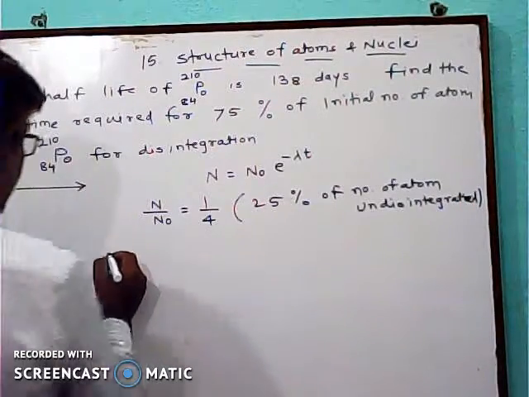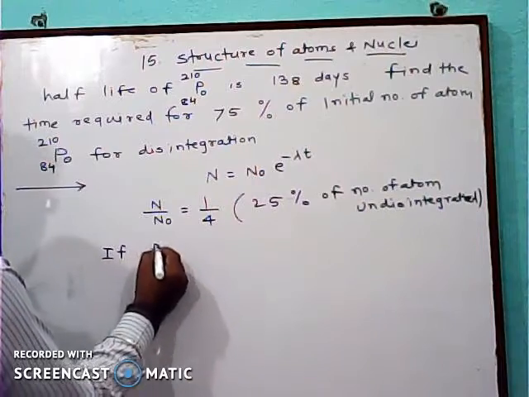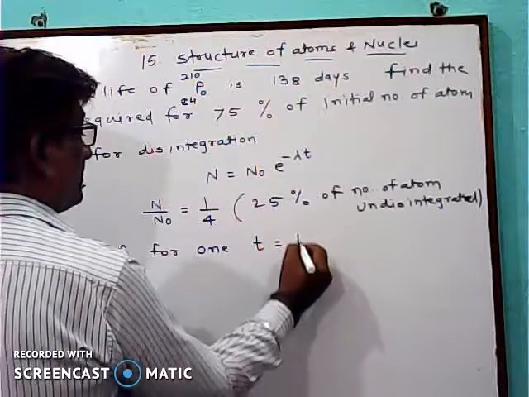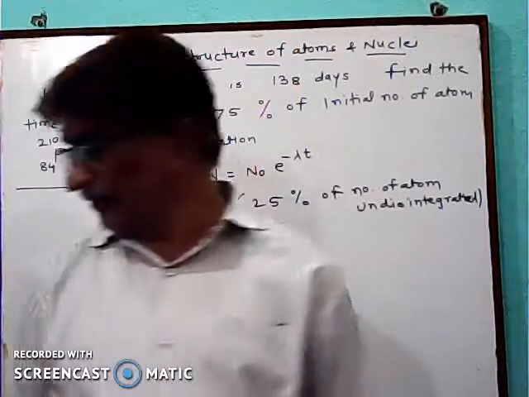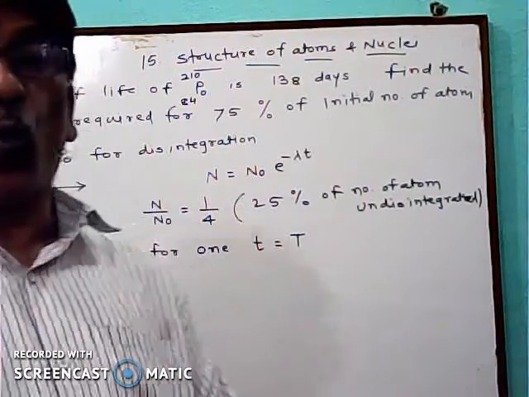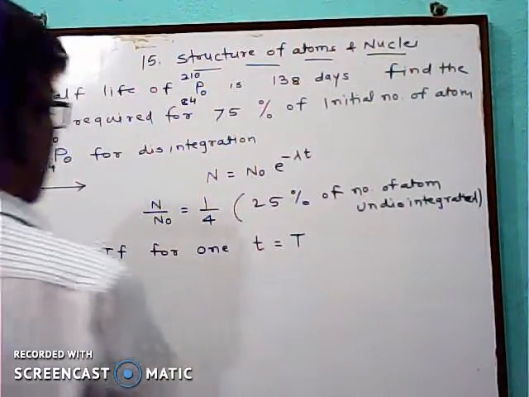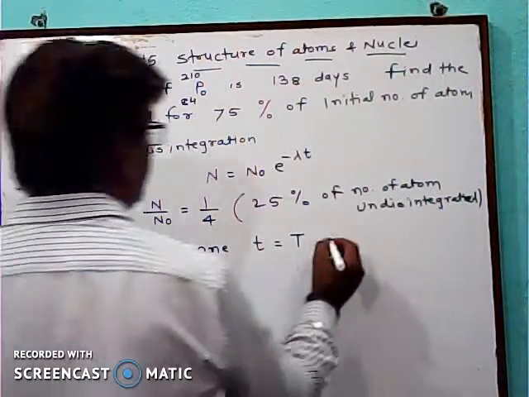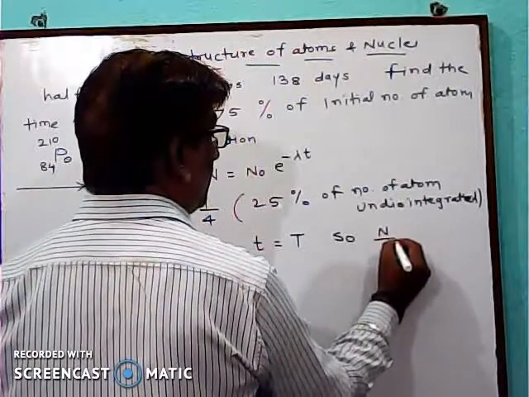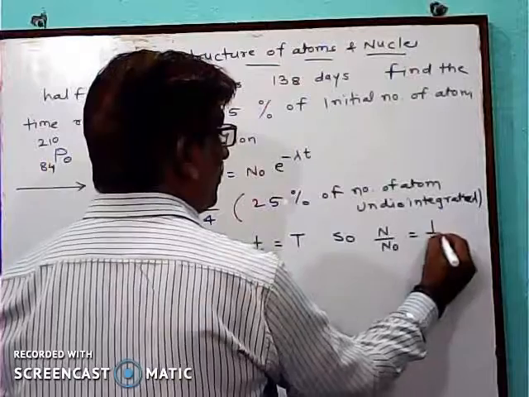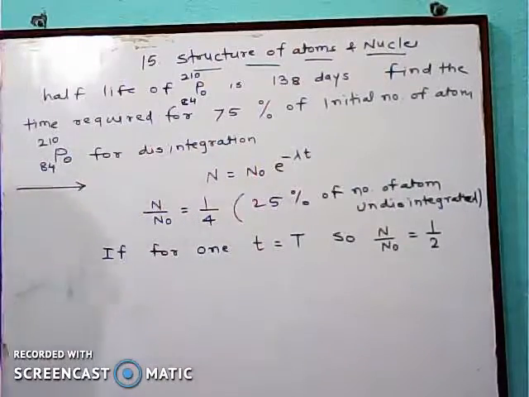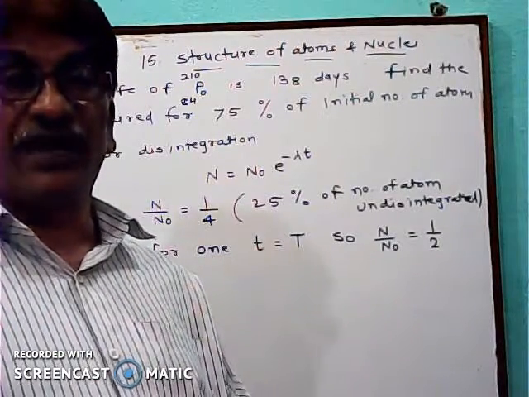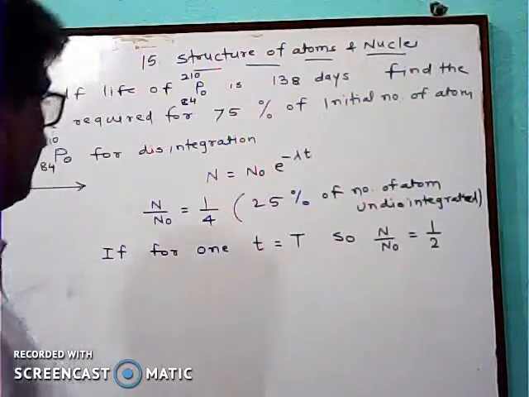See here, for 1 half-life, small t equal to capital T, then N upon N0 is equal to 1 upon 2. It means in time period capital T, the number of atoms reduces to half of its initial number.